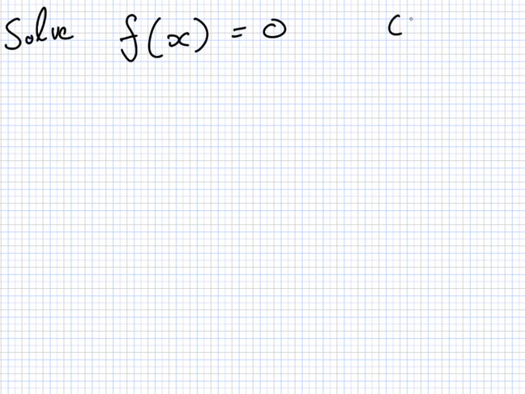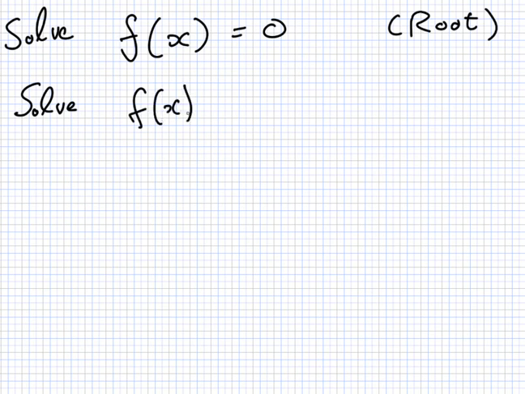And this is the problem of finding the root. What we're going to look at now is how to solve this, which is called a fixed point. And I'll give you an example.